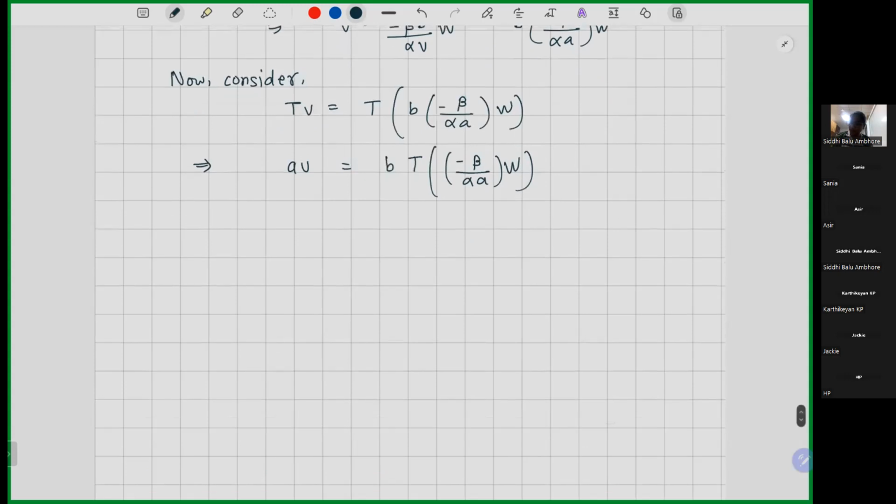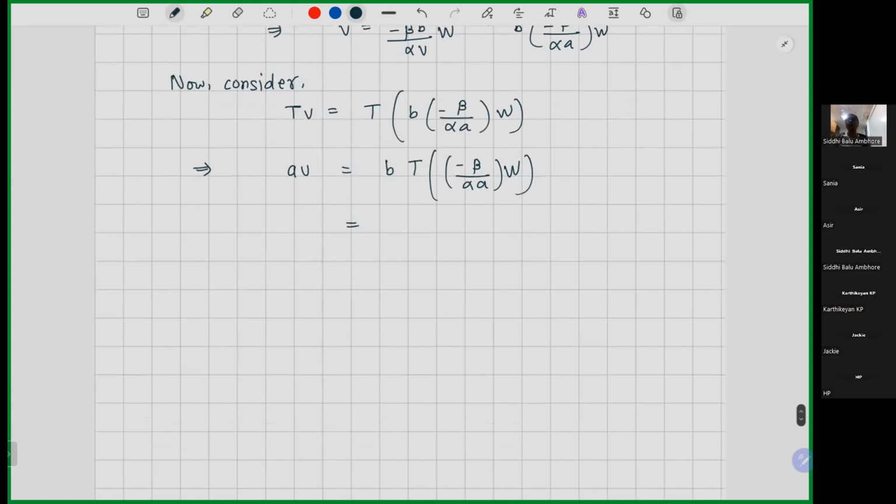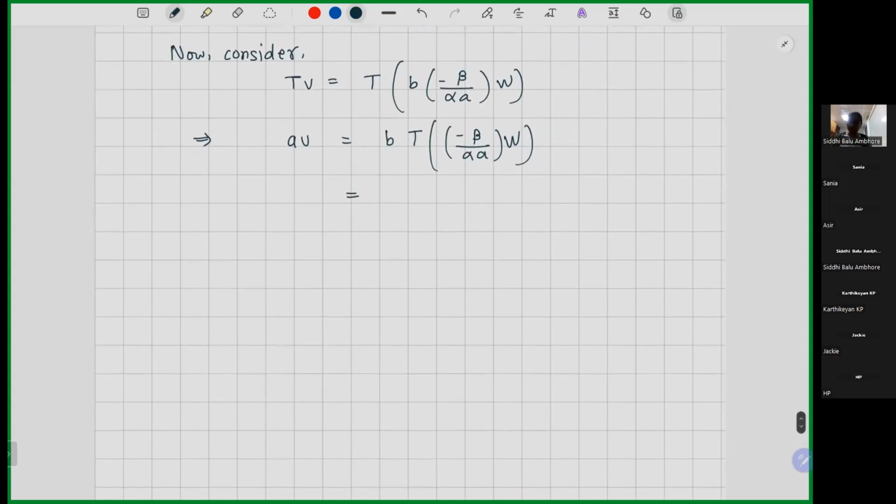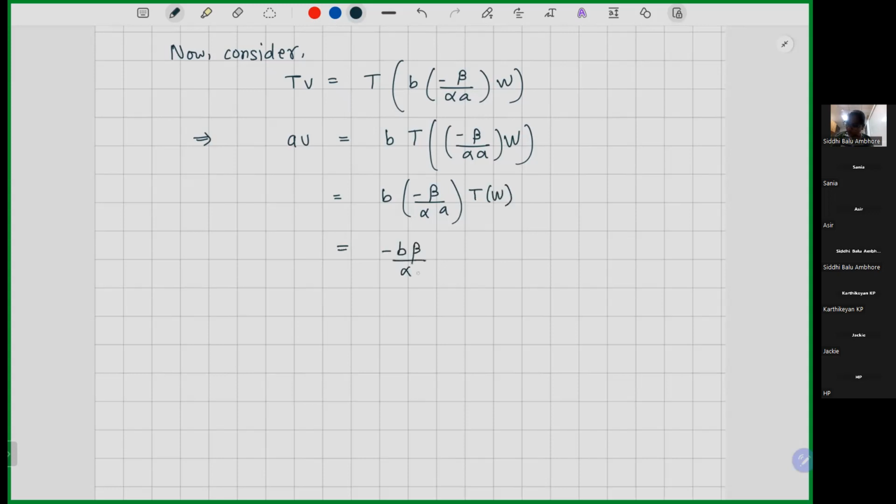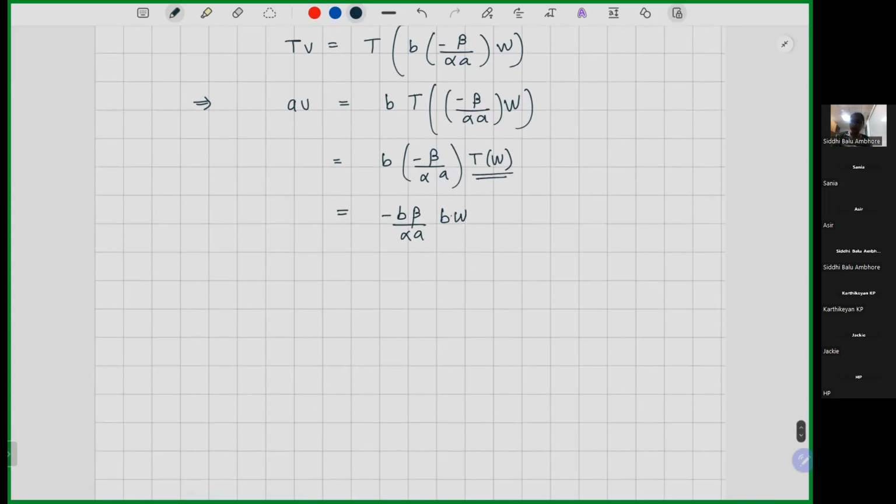I'm just manipulating, not doing any sort of new things here. So B into T, or let me take this also common, minus beta by alpha A T of w, and this will be minus B beta by alpha A, and Tw is Bw. So I'm substituting that.